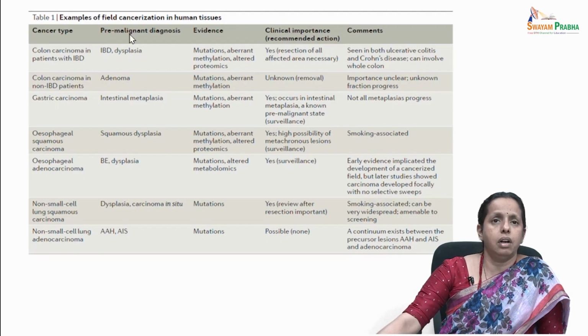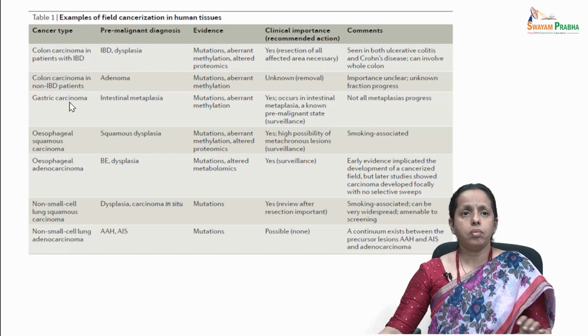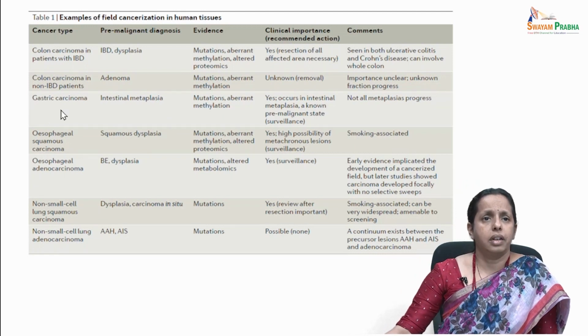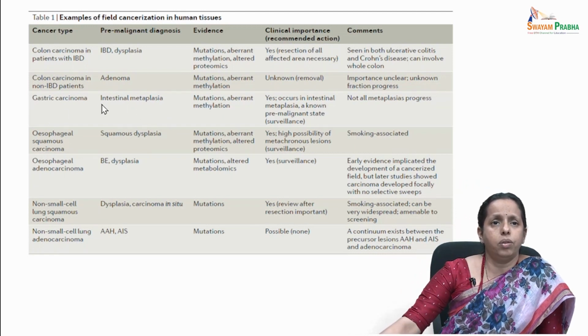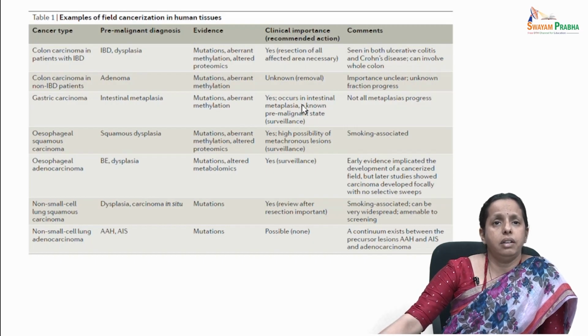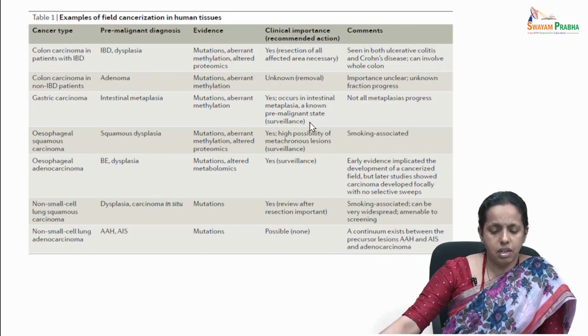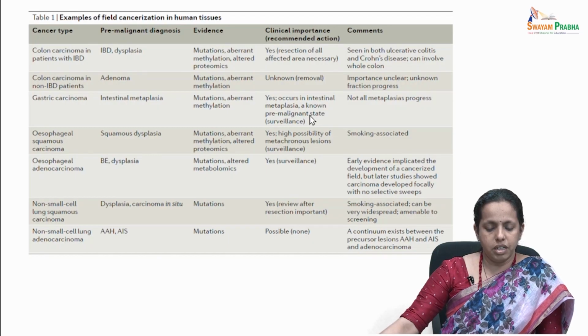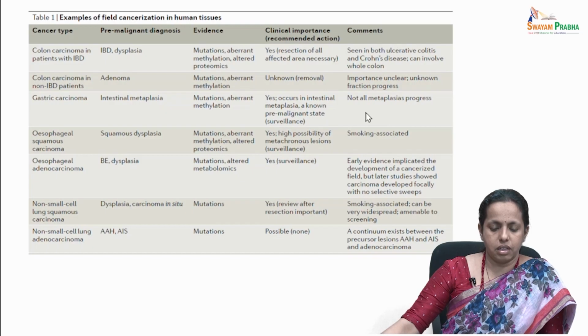How do they take care of clinical resection of all the affected areas where it is necessary? And then you have the gastric carcinoma, where you clearly see intestinal metaplasia. There are mutations and there is aberrant methylation. It occurs in intestinal metaplasia, a known pre-malignant state.